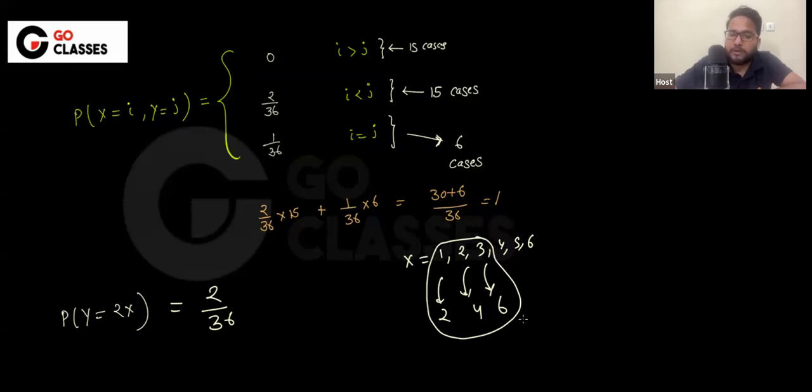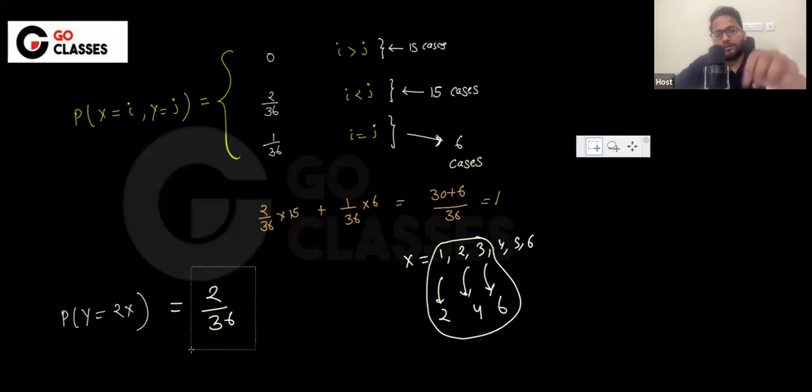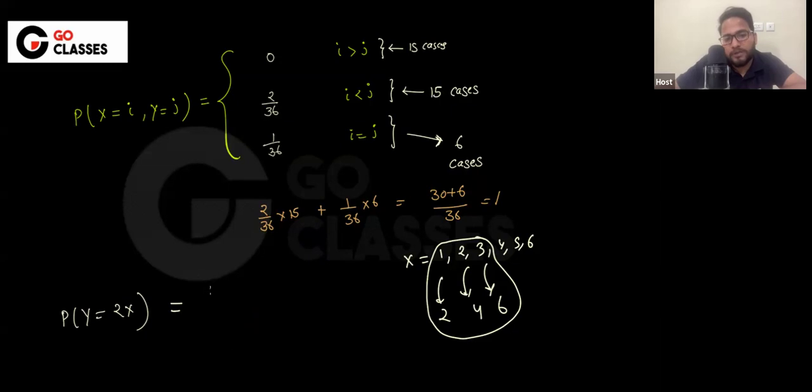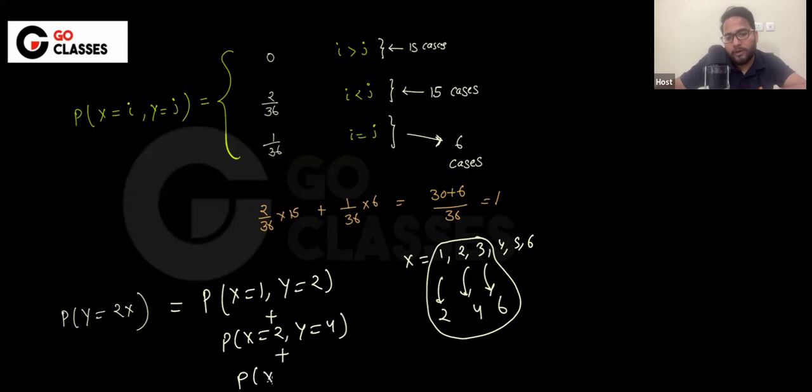Okay. So just to write it more clearly, it is nothing but probability of x being 1, y being 2, plus probability of x being 2, y being 4, plus the probability of x being 3, y being 6, right?